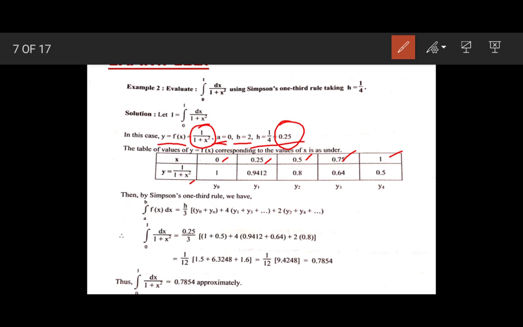Now in this we will put the x value. When x is 0, this will be 1 upon 1 plus 0, so y is 1. When x is 0.25, then y will be 1 upon 1 plus 0.25 whole square, which is equal to 0.9412.